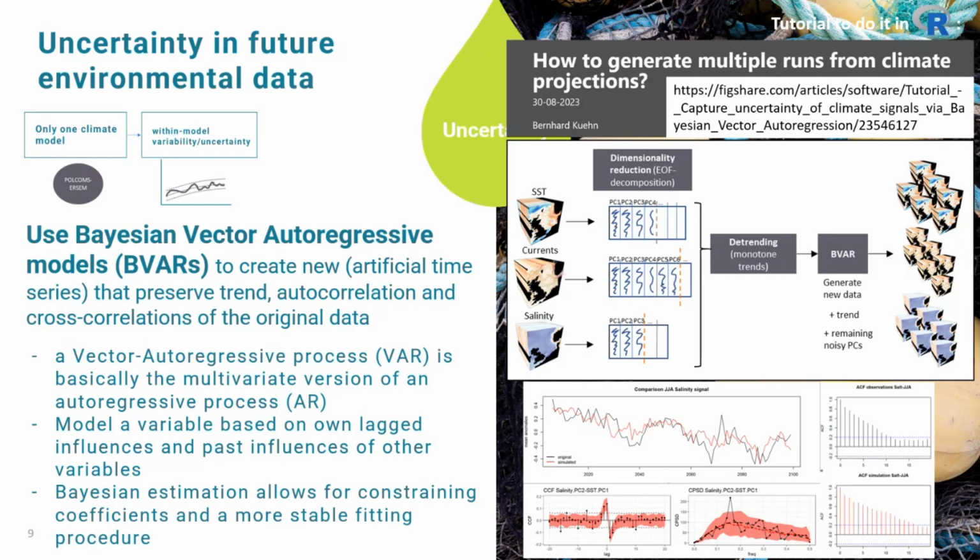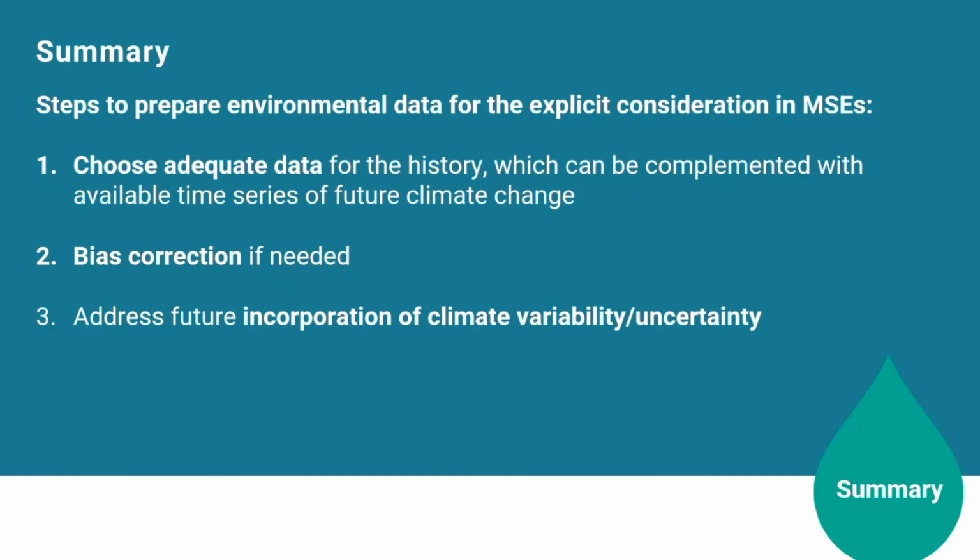So this might be an option to generate artificial uncertainty, but more related to the original data for your MSE simulations. So in summary, the steps to prepare environmental data for explicit considerations in MSE is to choose adequate data for the history, which can be complemented with available time series of future climate change, which I talked about also in my previous talk.